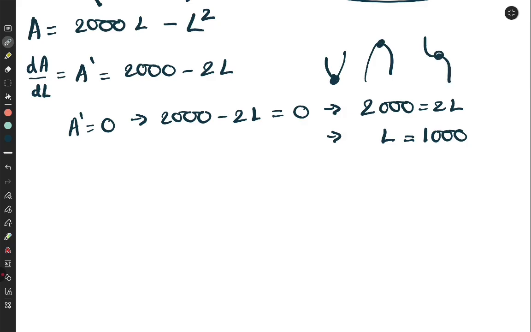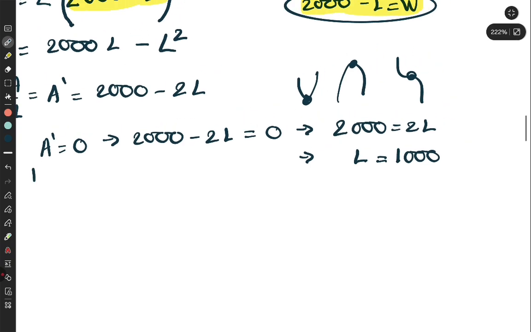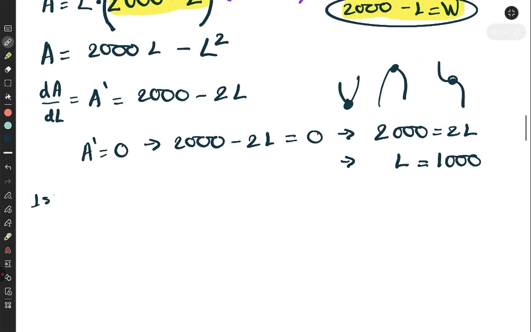You don't know whether it's the minimum or maximum or neither. That is why you need the derivative test. So I would go for the first derivative test. That means I do the table.